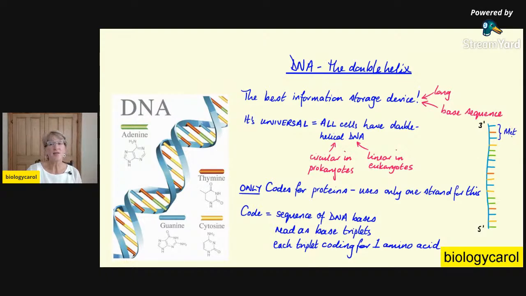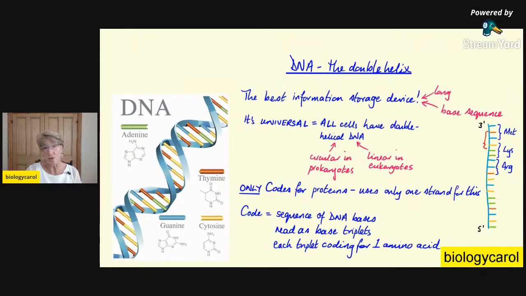Now, I've actually allocated particular amino acids. You don't need to know these names for A level, but I've put them in because it's almost as easy as anything else. But notice that the triplets are non-overlapping. The second triplet doesn't start here and finish here.